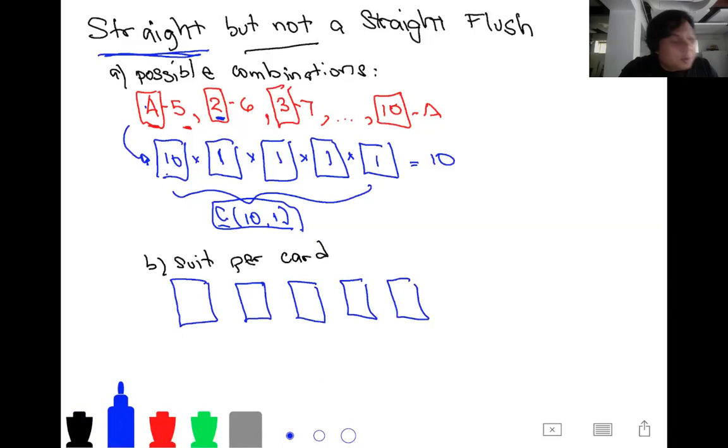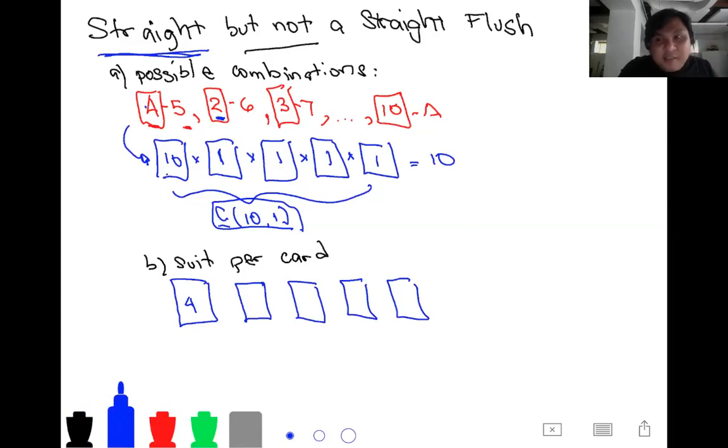For the first card, we can choose any one of the 4 possible suits. So therefore, we have 4 choices here. For the next card, we can again choose any of the 4 possible. Remember, a straight does not pay attention to the suit.